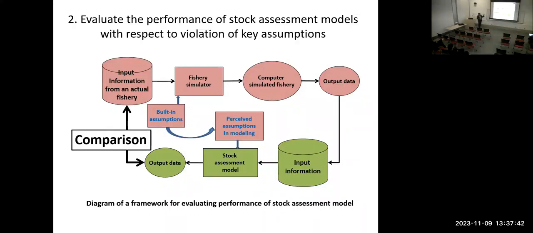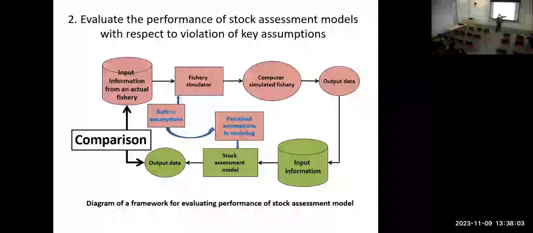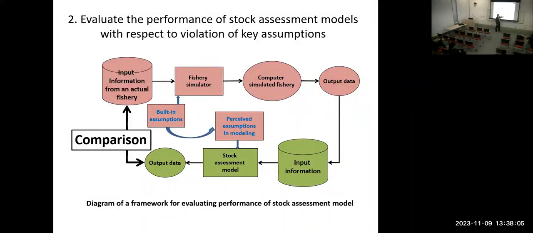Again, here is a flow chart of the study. We start from input data, and then we develop what we call a fishery simulator, and use the simulator to simulate fisheries. Then you have output from that simulated fishery, and we use that as input information and run a stock assessment.